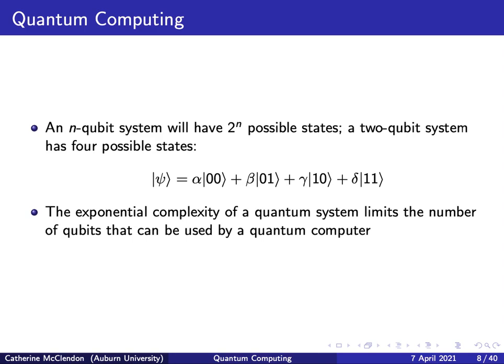The exponential complexity of a quantum system limits the number of qubits that can be used by a quantum computer. Currently, the highest number used successfully is 53 qubits, creating a Hilbert space of dimension 2 to the 53. This was as of April 2021.